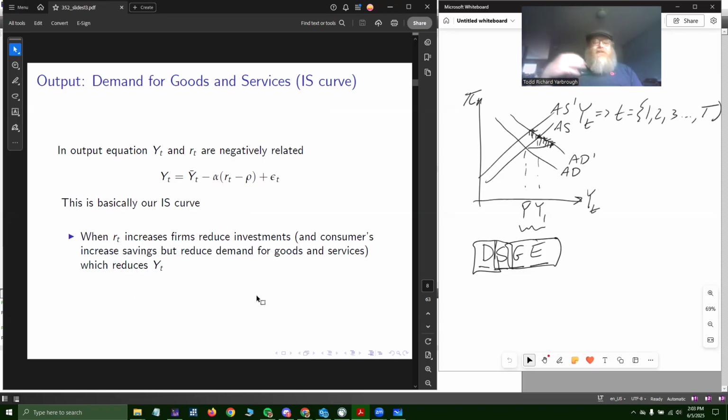Like I said before, this is essentially the IS curve. It has the components of the IS curve. We might think here in terms of natural output or potential output as defining consumption. The second piece, alpha times (R_t minus rho), is essentially the investment piece.